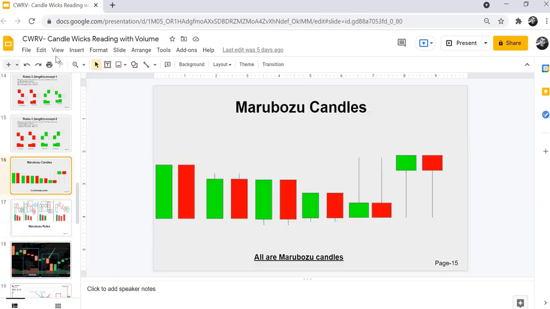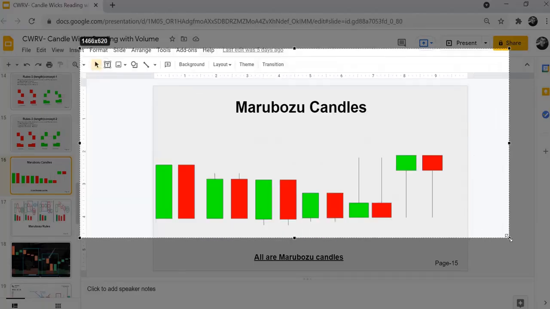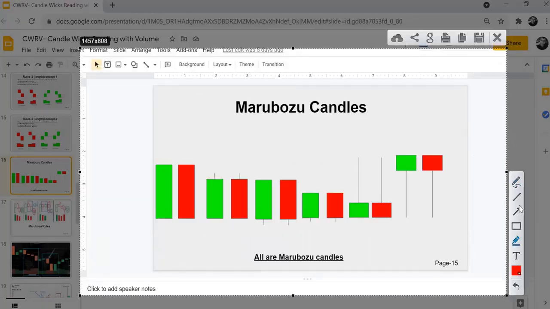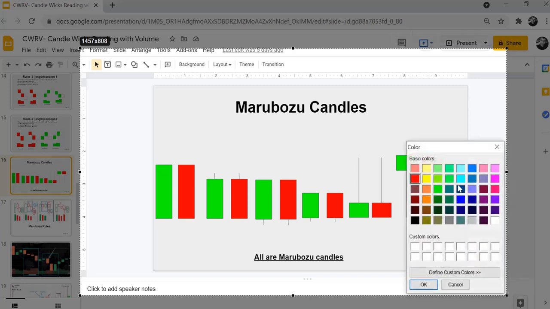At first let me show you. You guys already know what a Marubozu is, but I will explain it again. Marubozu means a one-sided candle.